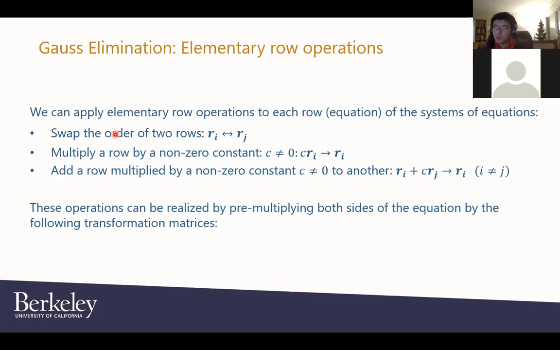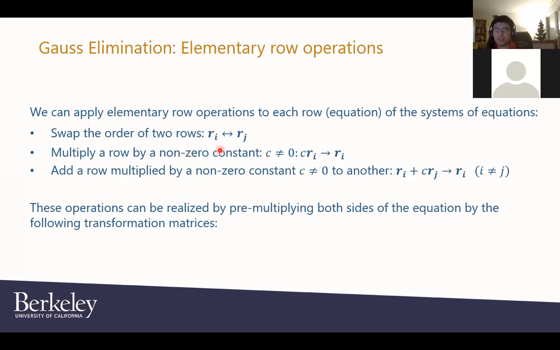So for Gauss elimination, what we do is apply a set of operators to the matrix. These are called Gaussian operators, valid Gaussian operators. What we are allowed to do is to either swap the order of 2 rows, or multiply a row by a constant that's not 0.